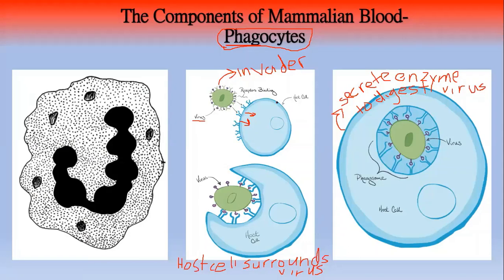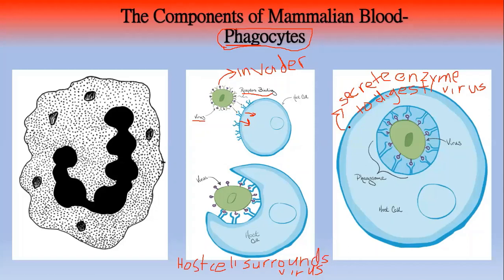So first it must recognize the virus as an invader. That's the first step, recognition. After recognition, it would bind to the virus. The host cell would bind to the virus. Then it would start surrounding the virus. When it surrounds the virus completely, it would secrete enzymes to destroy the virus on the inside.